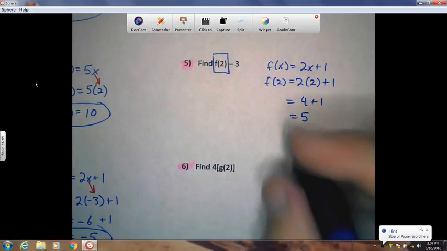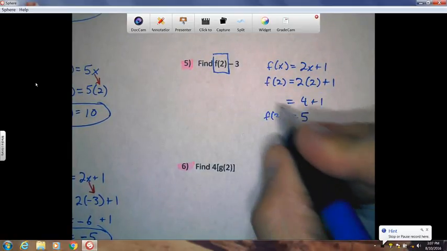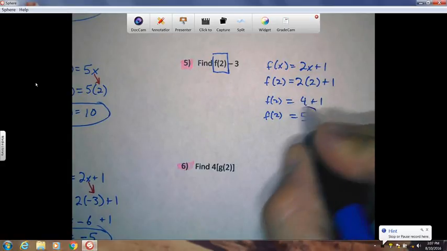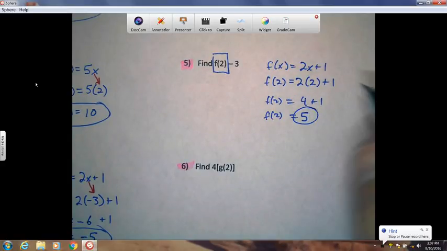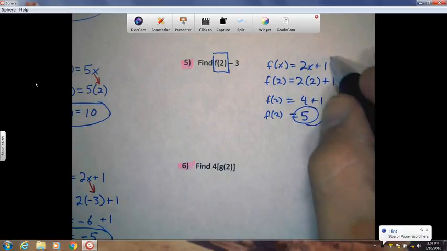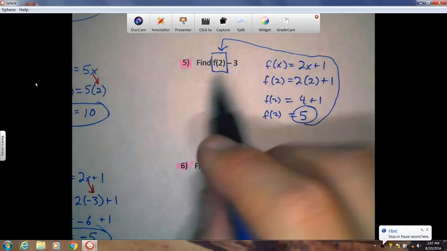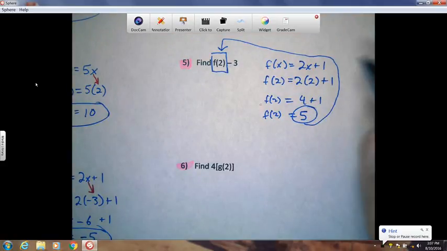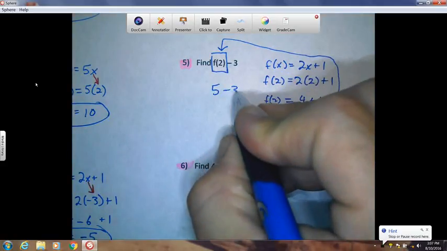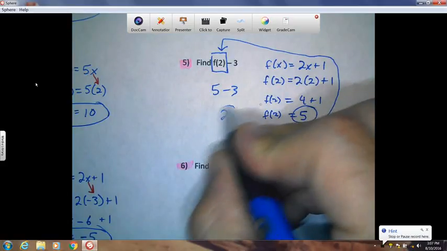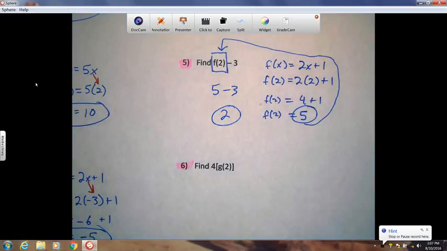So f of 2 is equal to 5. So I'm going to take the 5 and substitute it in here for f of 2. It wants me to find f of 2 minus 3. Well, that's 5 minus 3. So the answer is 2. Find that first, substitute it in.